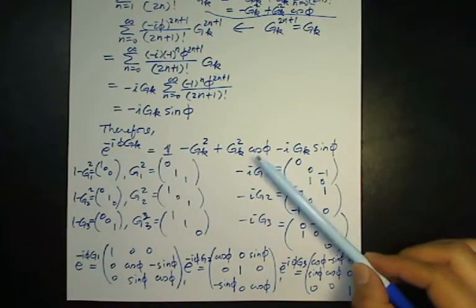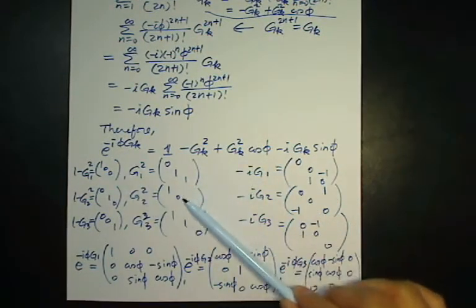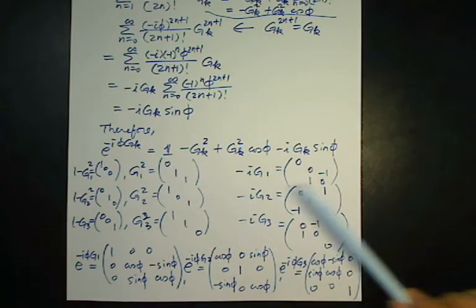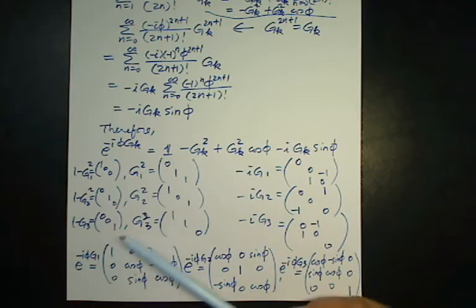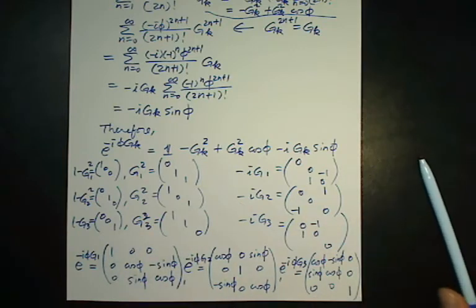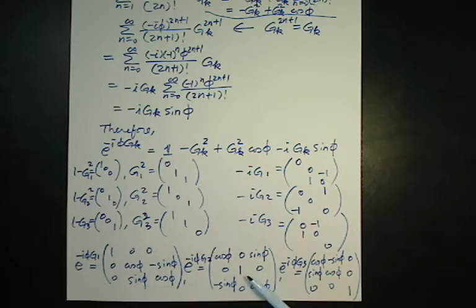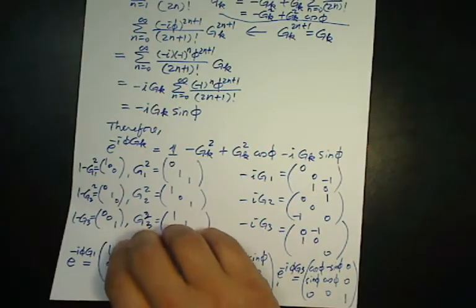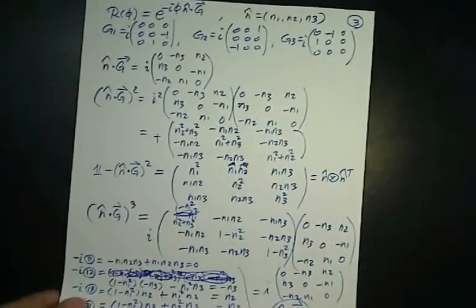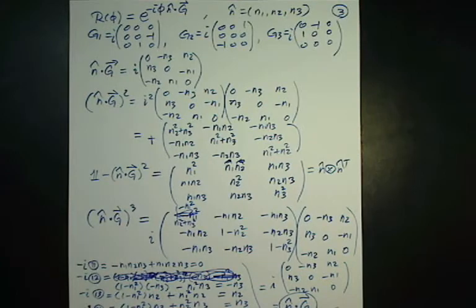As we substitute these explicit matrix representations, we obtain the finite rotation formula for the x direction, y direction, and z direction explicitly. So next we consider the case of rotation about an arbitrary axis n hat.